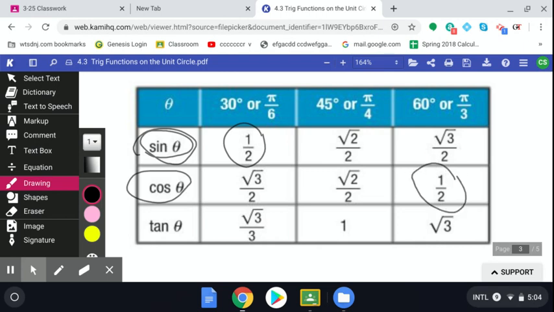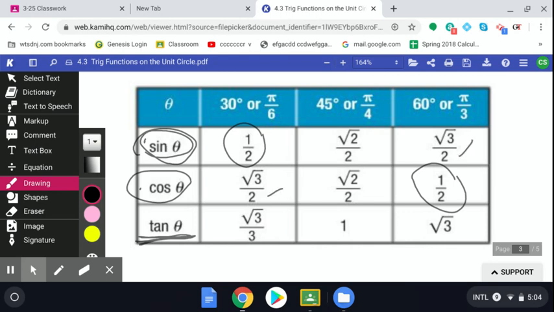You should have learned that in geometry. What's left over is going to be square root of 3 over 2 or square root of 2 over 2. And then this one, usually I use the other two to figure out. But sine 30 is 1/2, cosine 30 is radical 3 over 2. And then you flip that for the 60. Sine 60 is square root of 3 over 2.